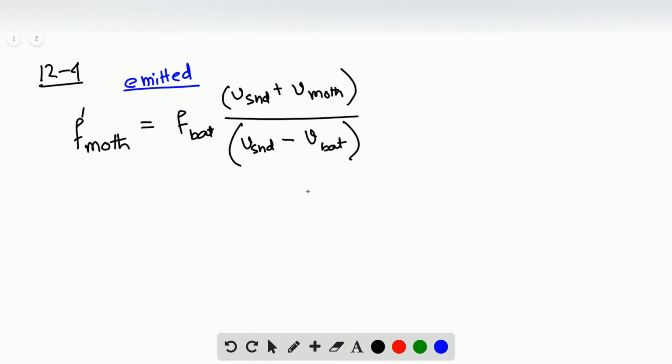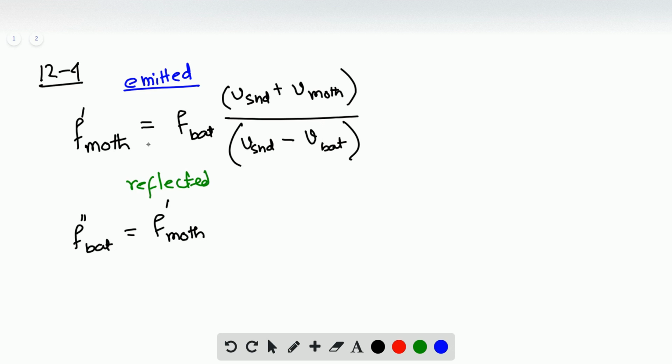And then for the reflected case, we'll have the frequency observed by the bat, that's equal to the frequency that's emitted from the moth.